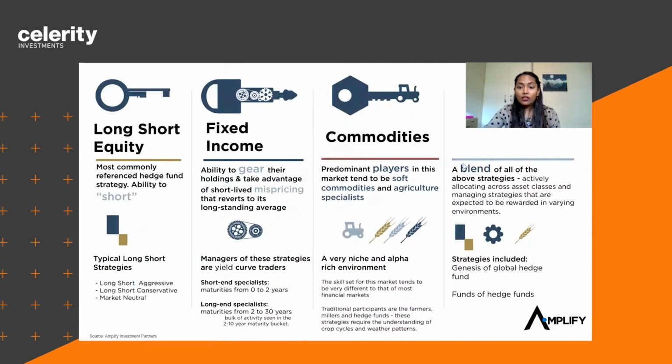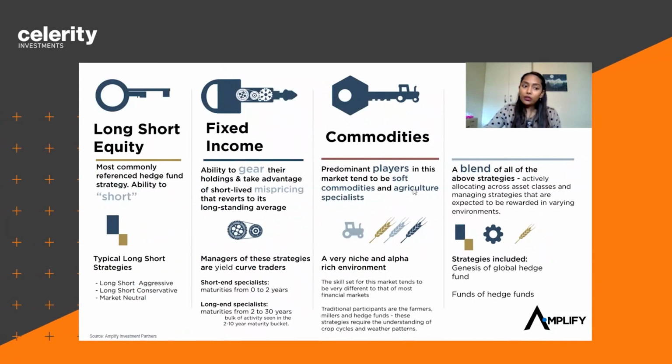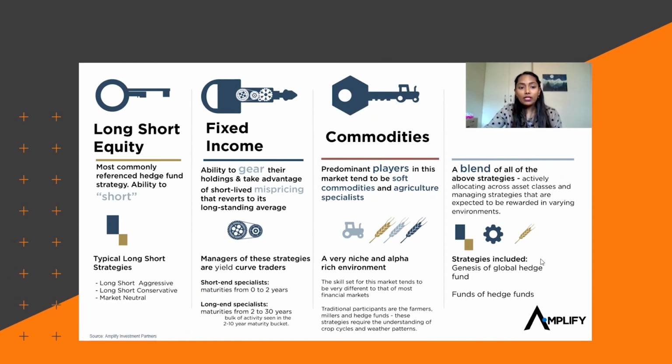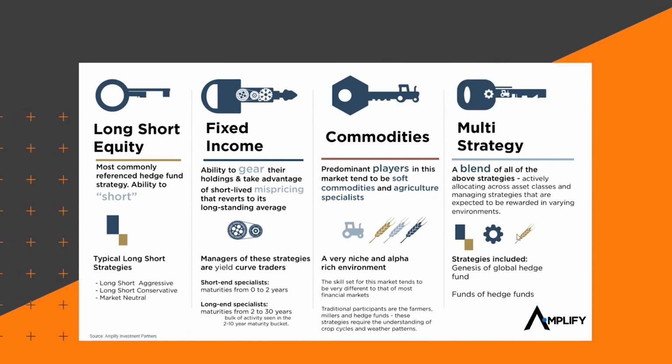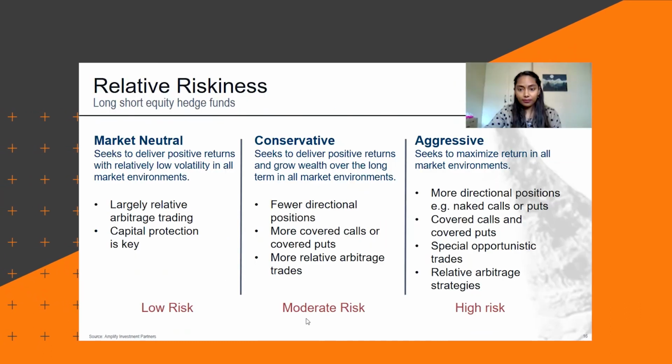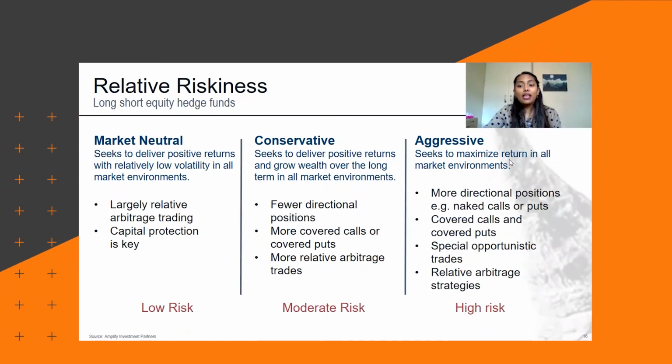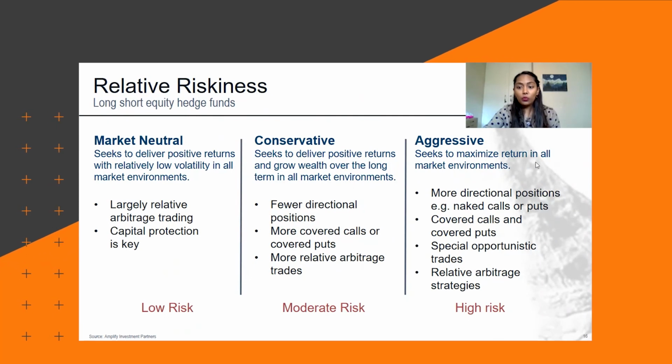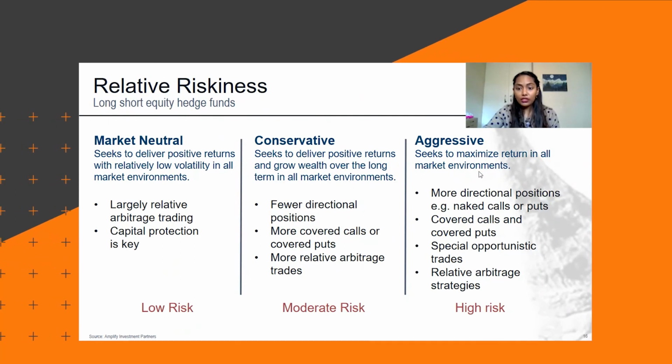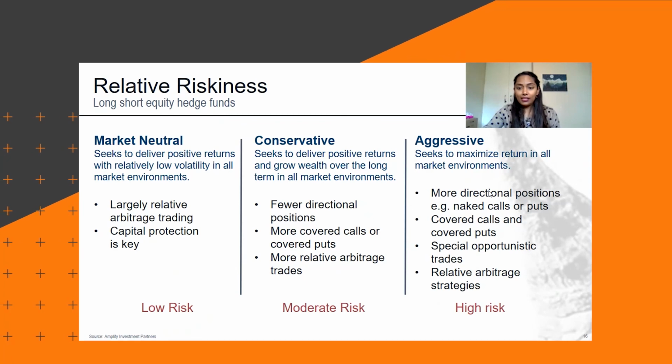As a quick recap, the 4 main strategies of hedge funds, as we mentioned in an earlier video, are long-short equity, fixed income, commodities, and multi-strategy. But let's take a closer look at equity in more detail. There are 3 types of equity funds, all of which employ long-short equities trading strategies, but differ in the relative riskiness.